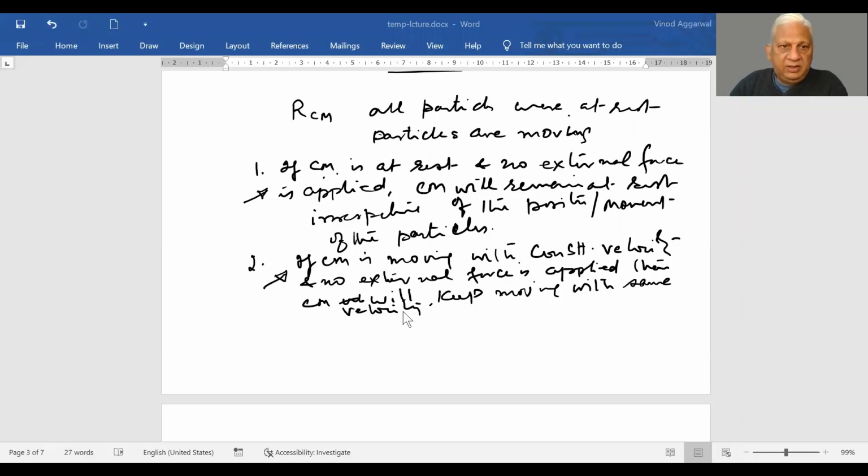Now let us take a third case, where the center of mass is neither at rest nor moving with a constant velocity. It is moving with an acceleration.